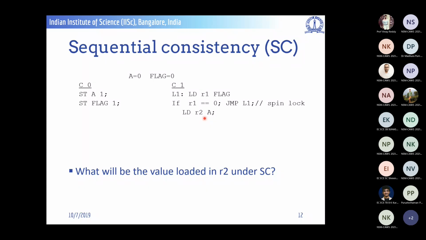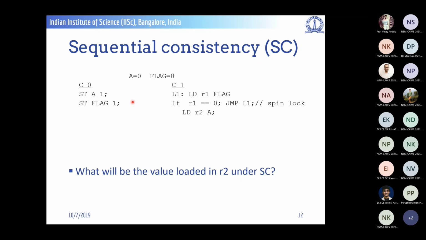The reason is that in the global order you have specified that the update to A has to happen before the update to flag 1, and it's a global order, which means it is seen by all the threads. That's a requirement for sequential consistency.